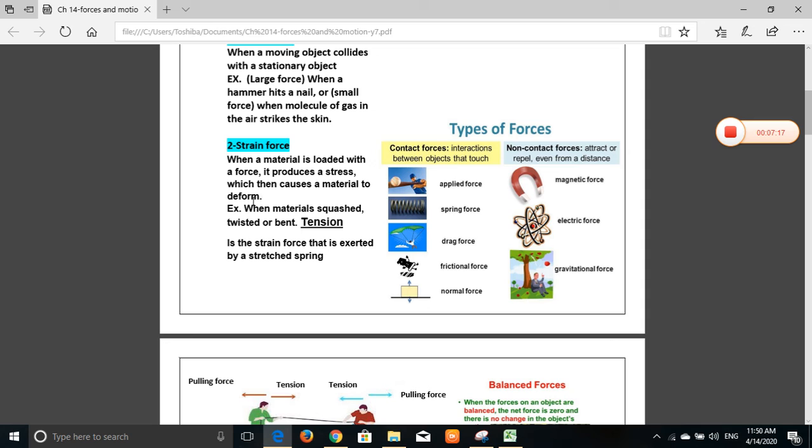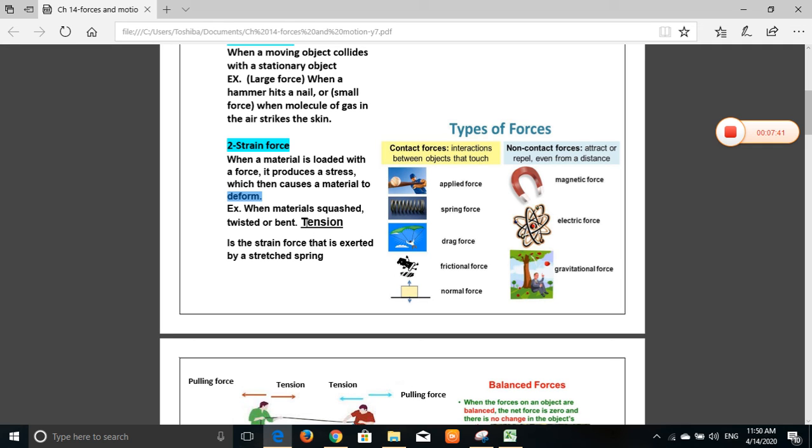Deform means it loses its original shape. So for example, when a material is squashed, compressed, twisted or bent, this is called strain force.